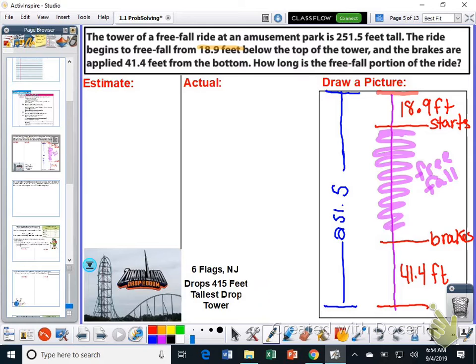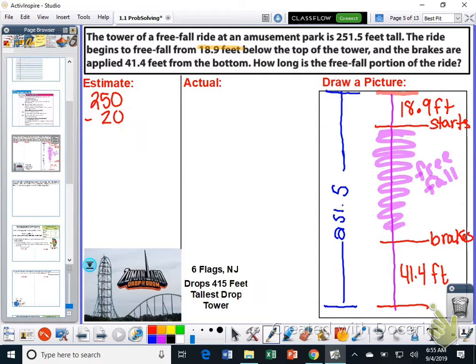So we can do an estimate real quick here. So we can estimate 251.5, make easy numbers, we can say it's 250. So that's the total height of the entire thing. We know then that we need to subtract that top portion, because they don't start right at the tippity top. So 18.9 is close to 20, just to make easy numbers.